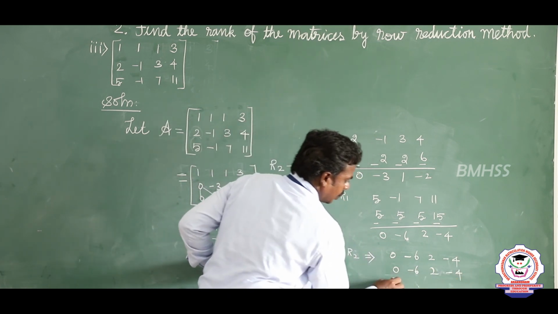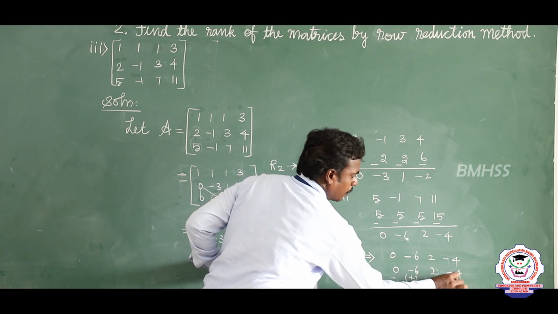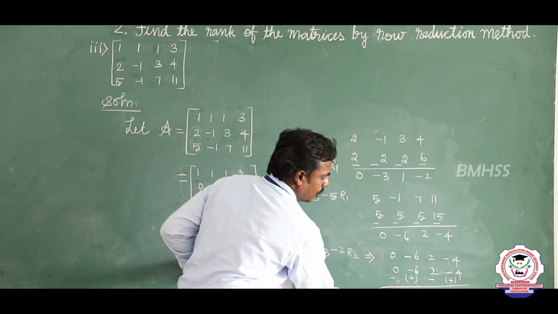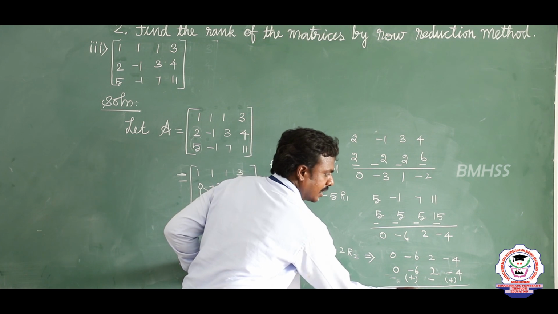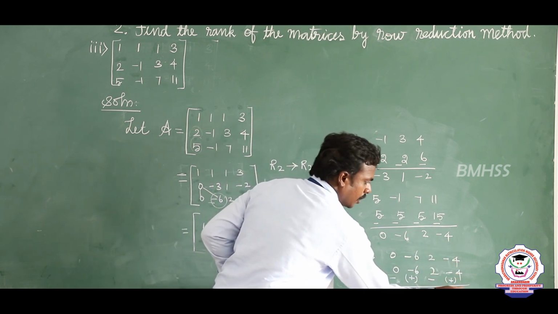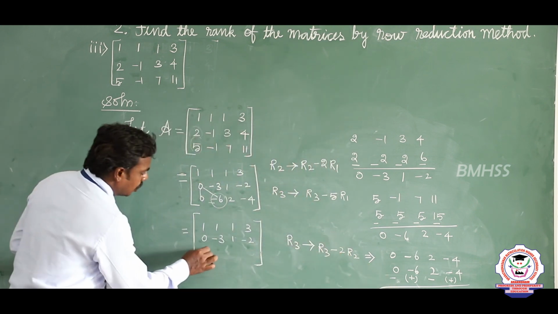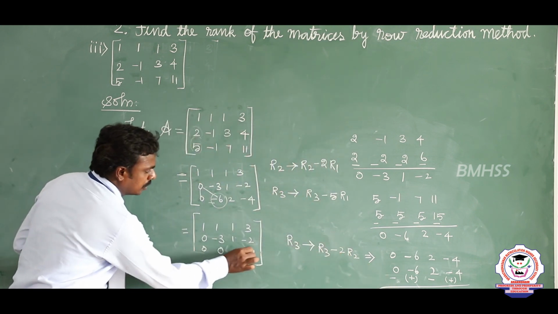Now subtract: 0, minus 6 plus 6 is 0, 2 minus 2 is 0, minus 4 plus 4 is 0. The third row has changed completely, and we get zeros. In the third row: 0, 0, 0, 0.